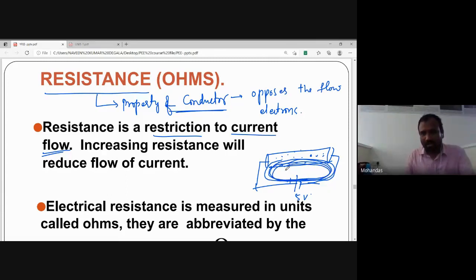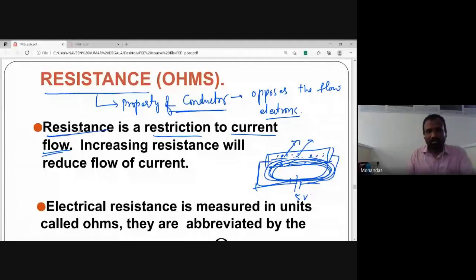While these electrons are traveling in a loop, due to this property of the material, some opposition takes place inside this conductor and wire. That property which opposes the flow of electrons or charges is known as resistance.